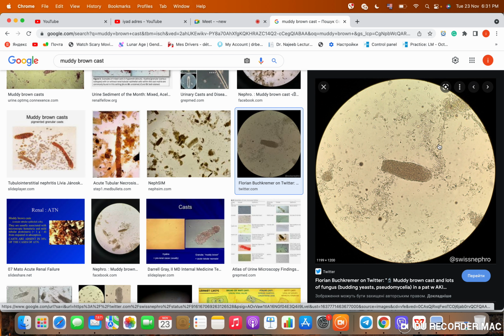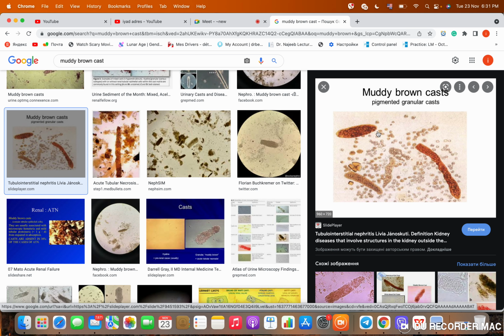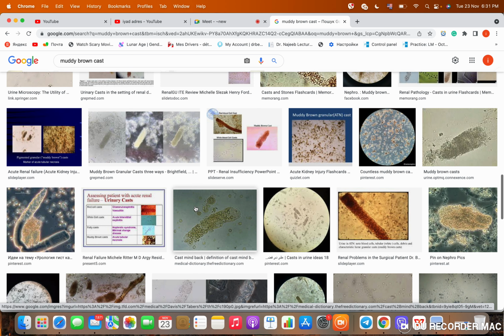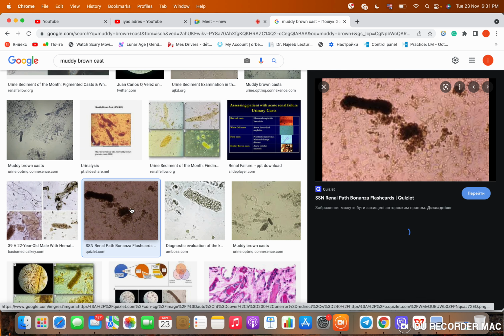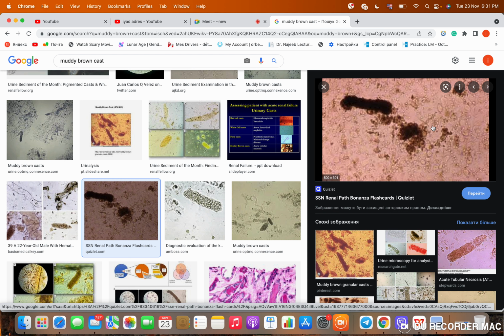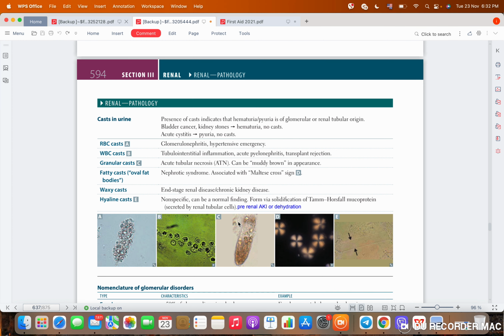No. This is for later. So for now, this is a muddy brown cast, and I hope you get it. It looks like poop. Yep, exactly. It's just some of the epithelial cells of the PCT that have sloughed off inside of the tubule.